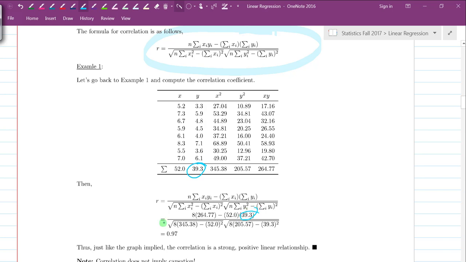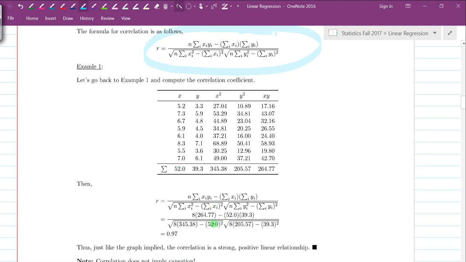And it's going to be all divided by the square root of n times the summation of x squared. So here's my x squared column. All of it multiplied by each other goes right there, 345.38. We're subtracting off the summation of x, 52, and then we'll square that.